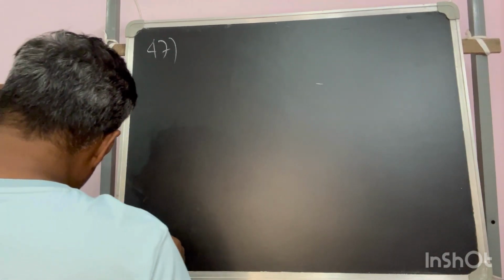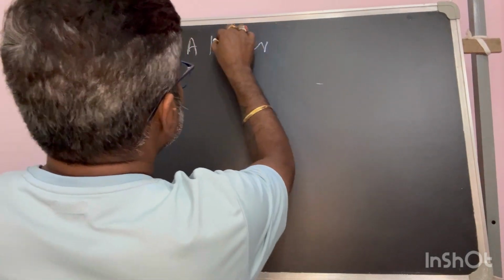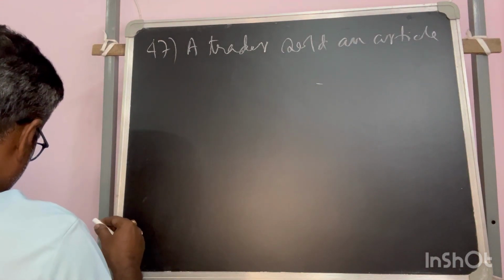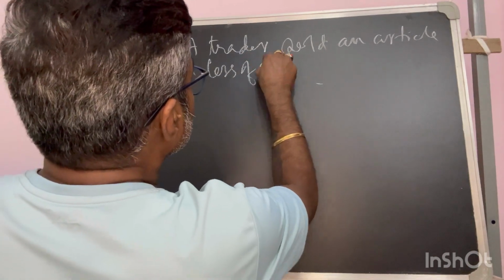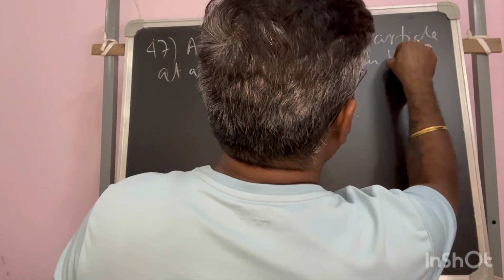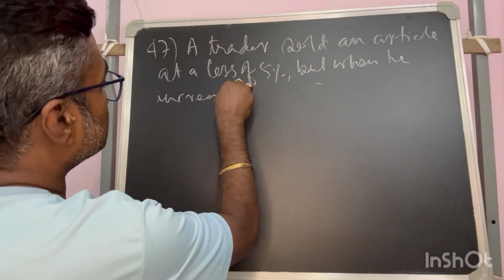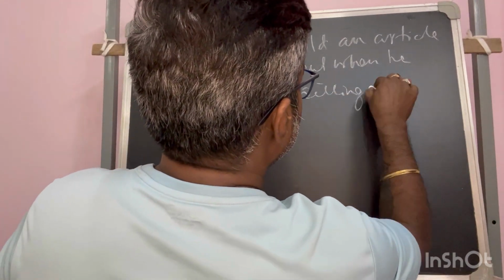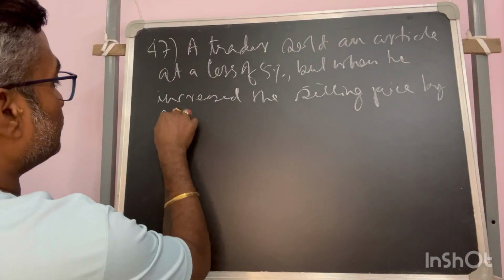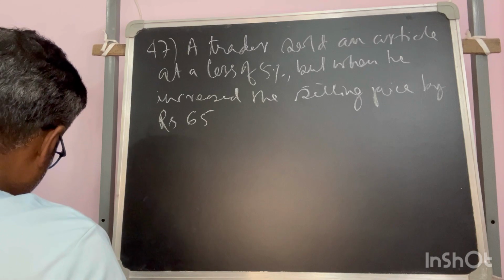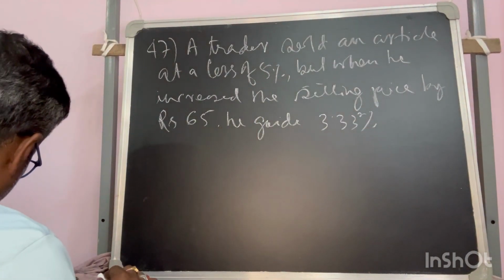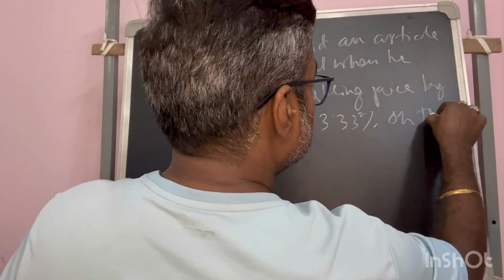A trader sold an article at a loss of 5%, but when he increased the selling price by rupees 65, he gained 3.33% on the CP, cost price.